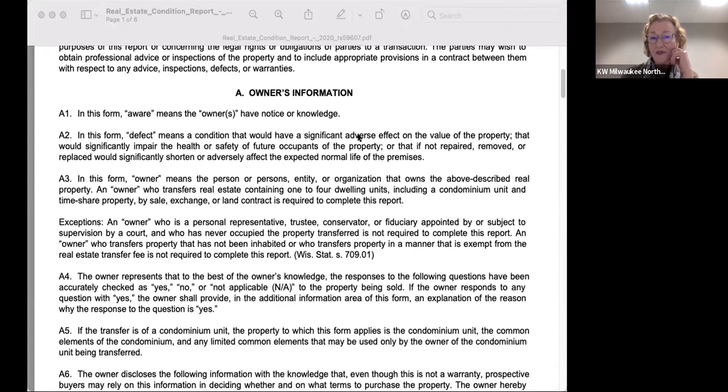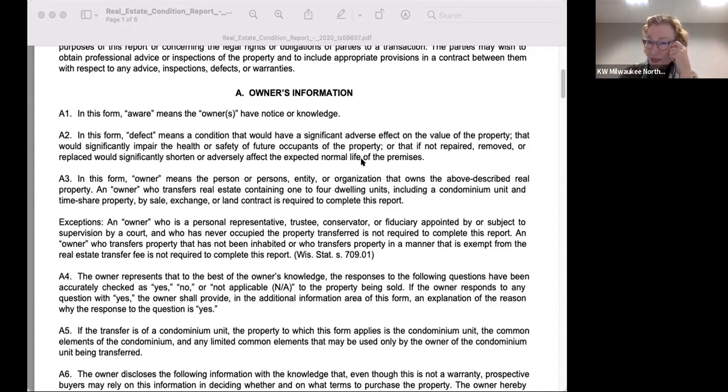Defect is anything that would have a significant adverse effect on the value of the property, that would significantly impair the health or safety of the future occupants of the property, or that if not repaired, removed, or replaced, would significantly shorten or adversely affect the normal life of the premises.